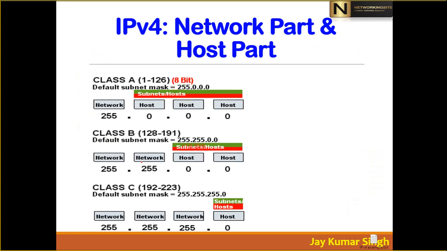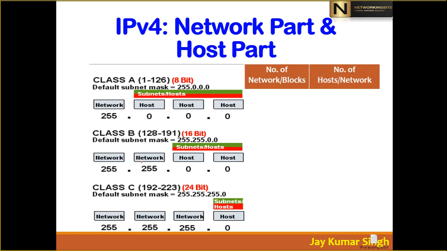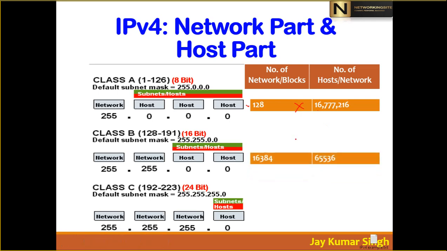Now I have summarized all this here for class A and class B. You can see network and host. In class A there will be 128 networks and this much of host per network. It's not total IP in class A. If you want to know total IP in class A, you have to multiply it. This is the total number of networks, and this is host per network.